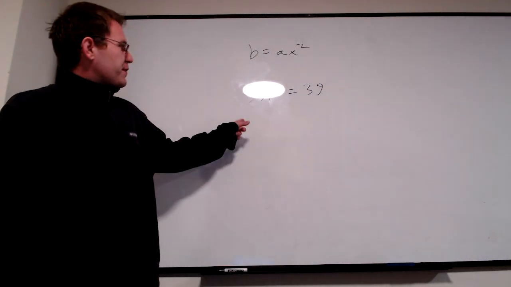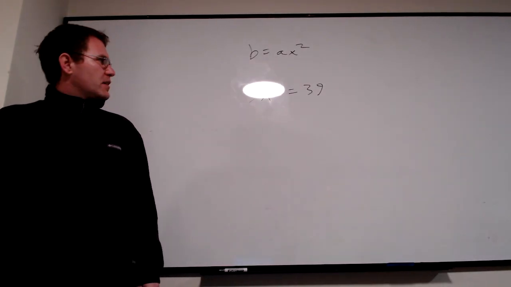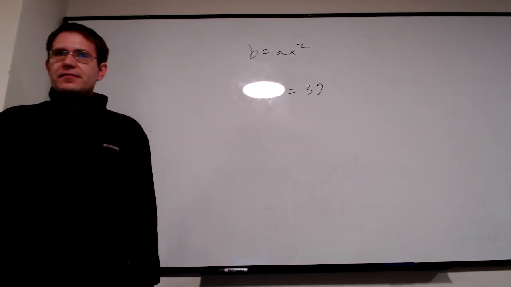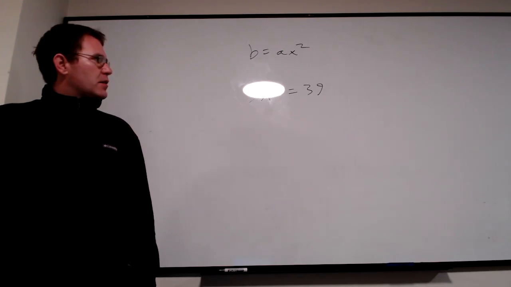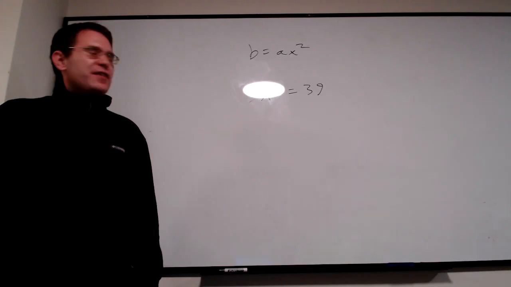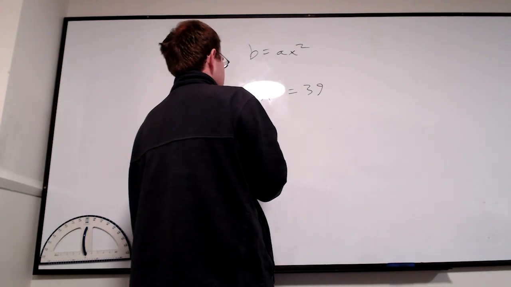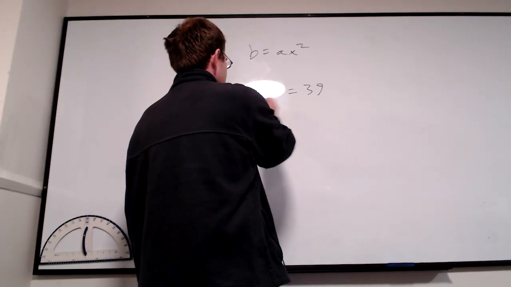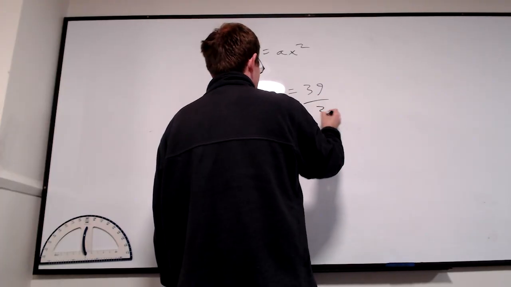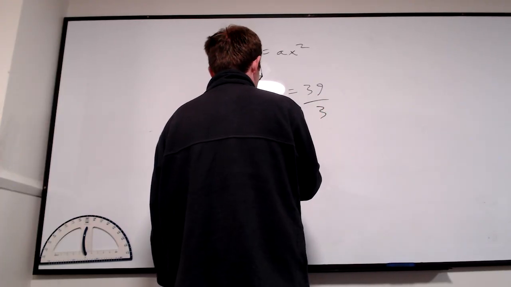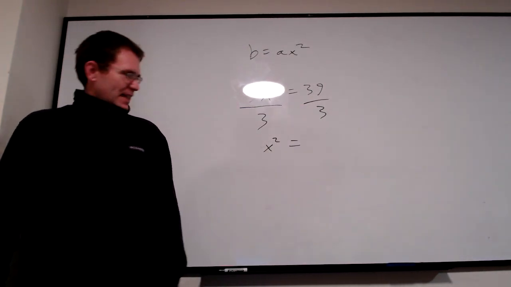What's going to be the first step in solving this equation? We would divide each side by 3, right? So if we divide this by 3, and we divide this by 3, then we'll get x squared equals, anyone know what that equals? 13. Yep, it's 13.